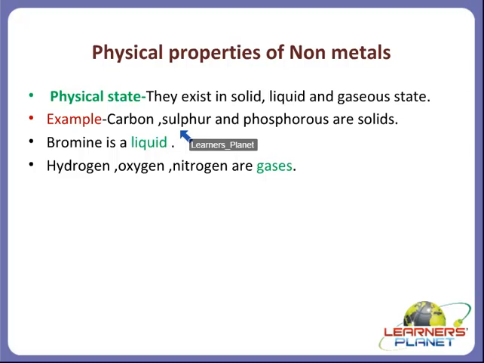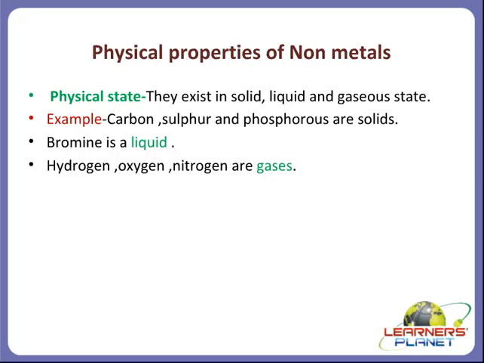For example, carbon, sulfur, phosphorus are solids. Bromine is a liquid. Hydrogen, oxygen, nitrogen, all are what, children? They are gases.